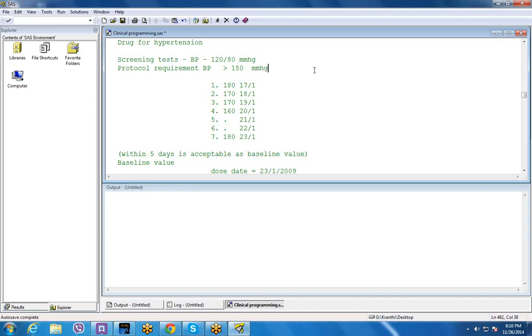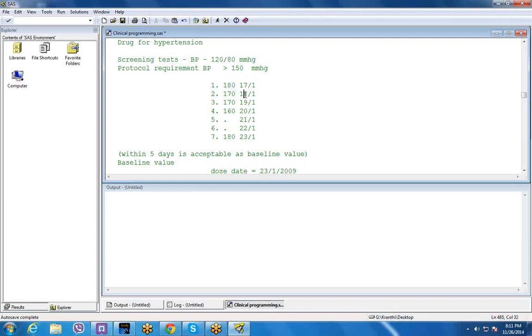That is the eligibility criteria. Later, we do some screening tests. A patient came to the hospital and we screened the blood pressure on 17th January, showing 180. This is normal, and this is a protocol requirement. The patient visited on 17th January showing 180.